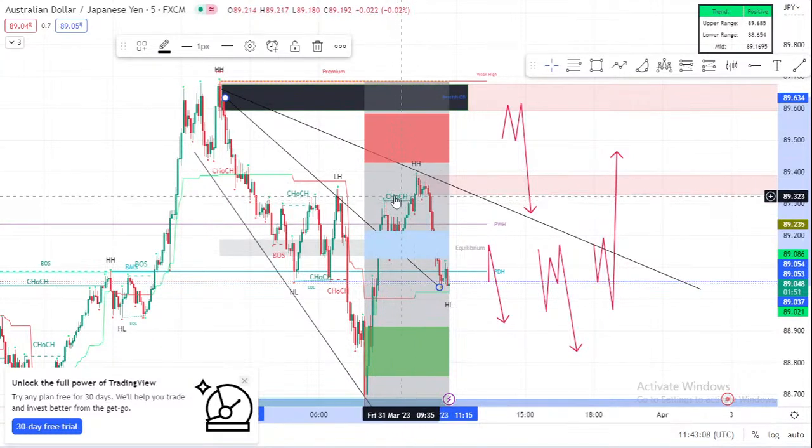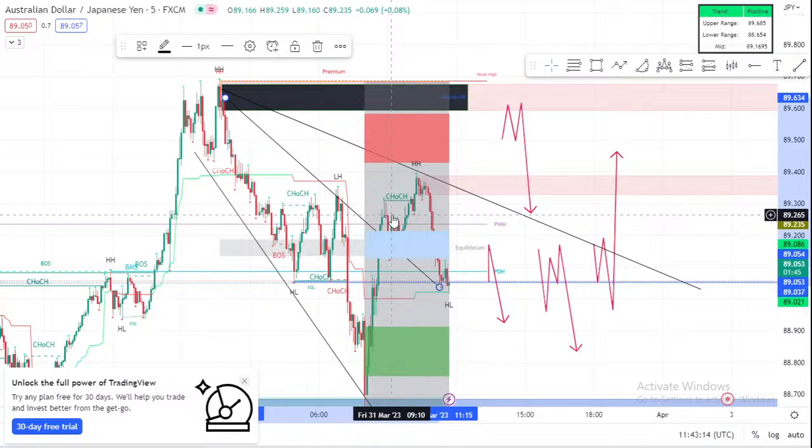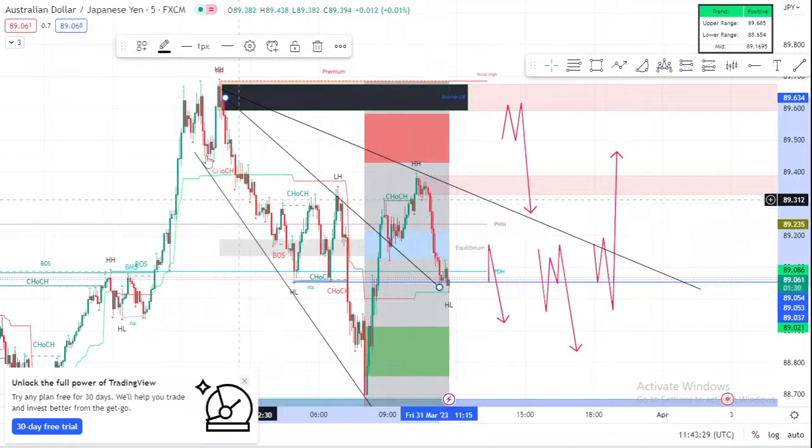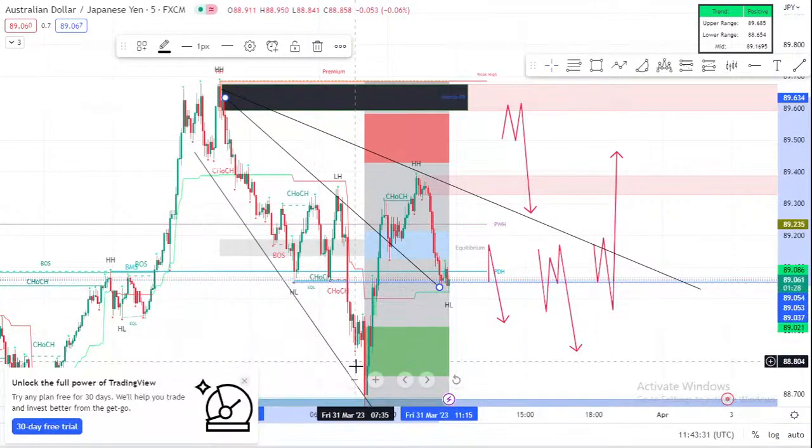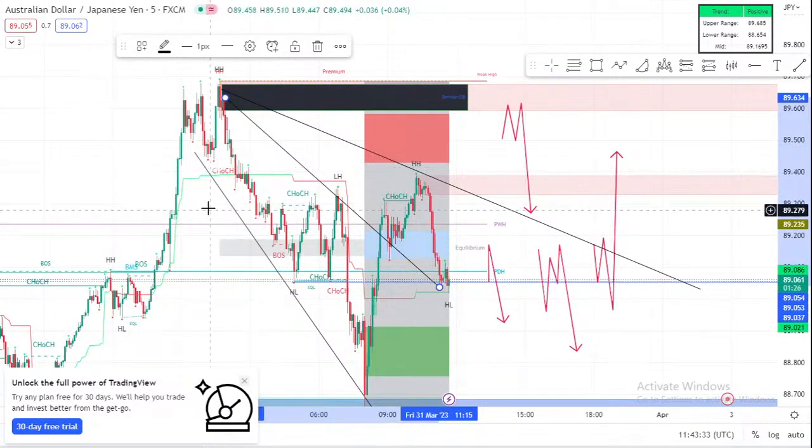So that's where you get a change of character, because it indicates that the market has actually changed character, reversed, it has changed the trend, it's racing to the upside. That is what the CHoCH literally stands for. That can imply when there is an upward trend and when there is a downward trend.